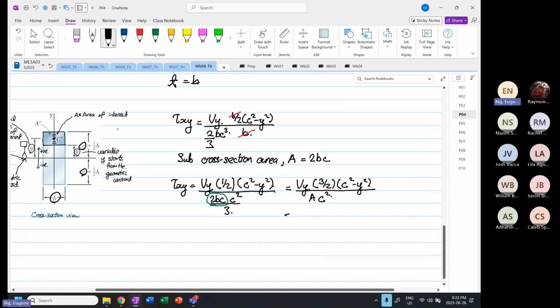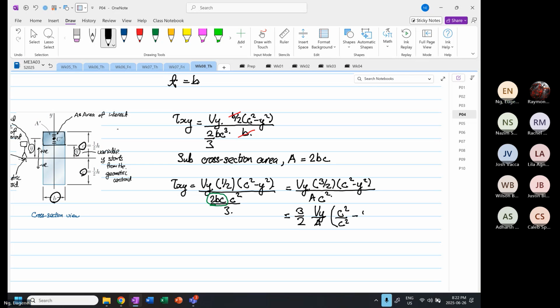Finally, this will be equal to 3 over 2 Vy over A. And now I'm going to introduce a c squared inside. And then finally, we have derived that 3 over 2 Vy over A multiplied by 1 minus y squared over c squared. Okay. So with this, the derivation is not that complex at all.